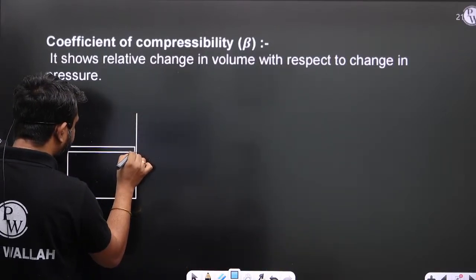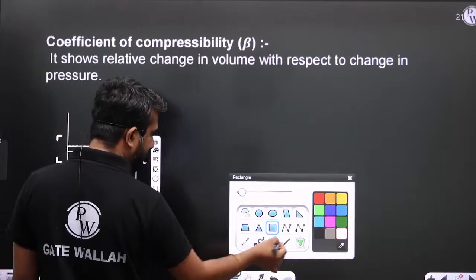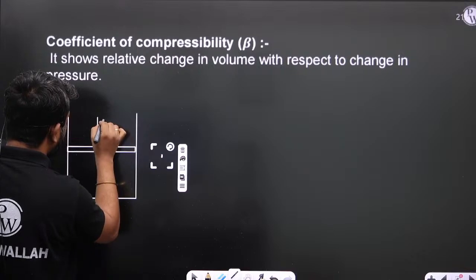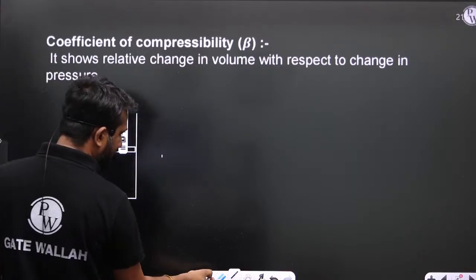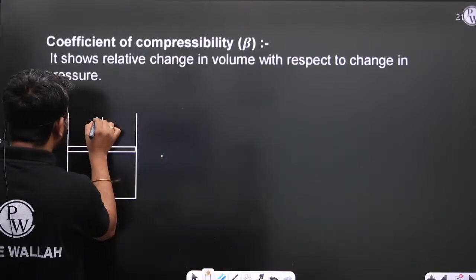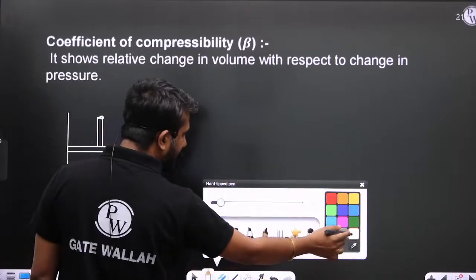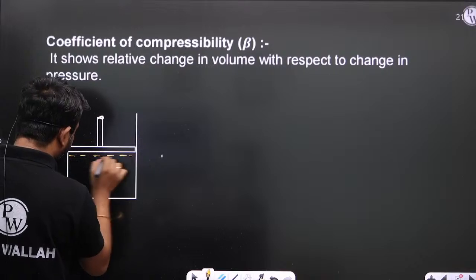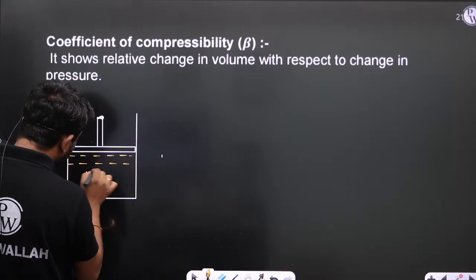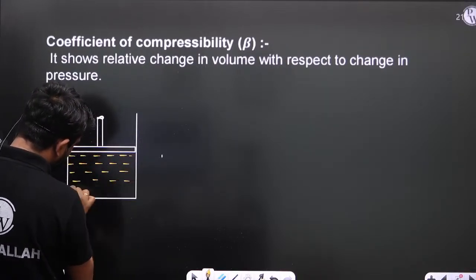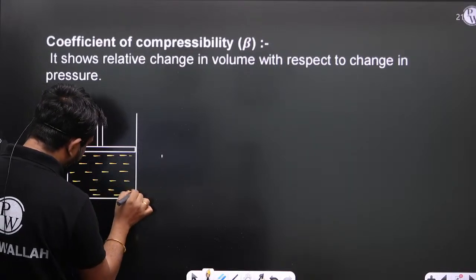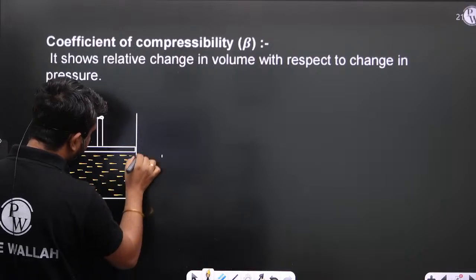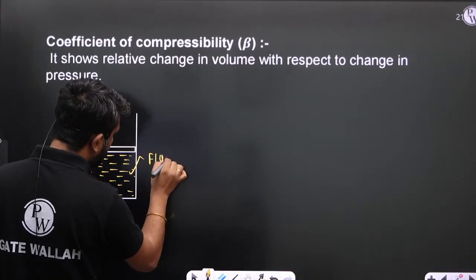This is the piston, and this cylinder contains a fluid. This is the fluid.